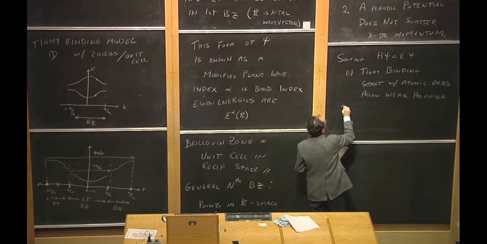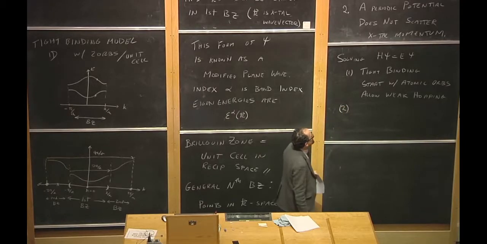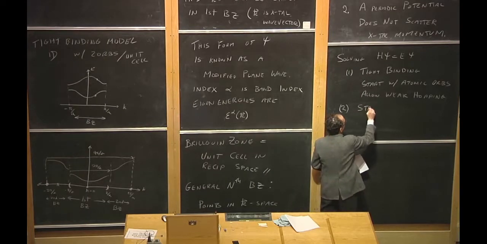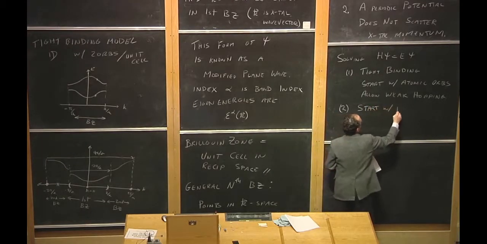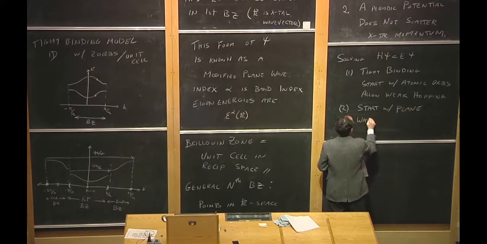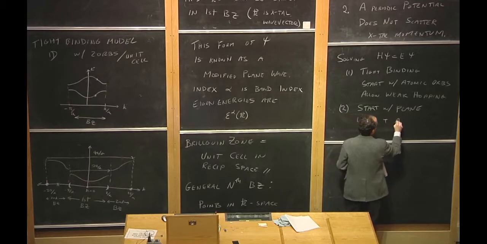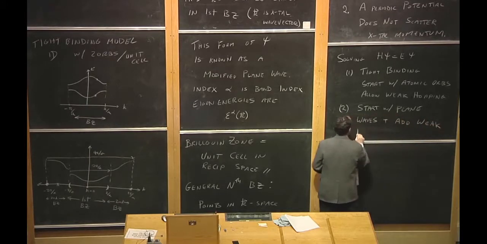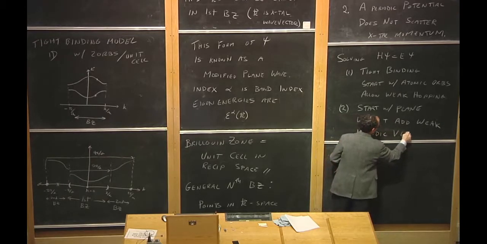So it's actually very useful to think about it from a very complementary viewpoint, where instead of starting with a tight binding model, we start with plane waves, and add weak periodic potential V of r.